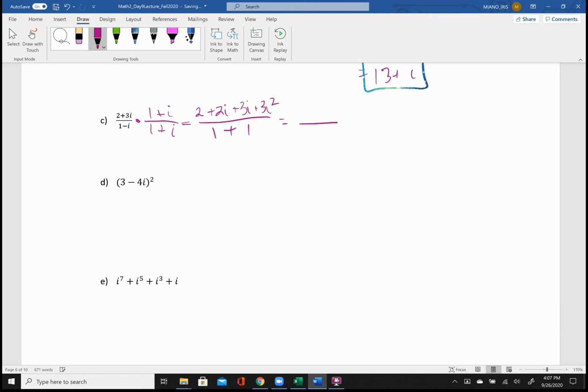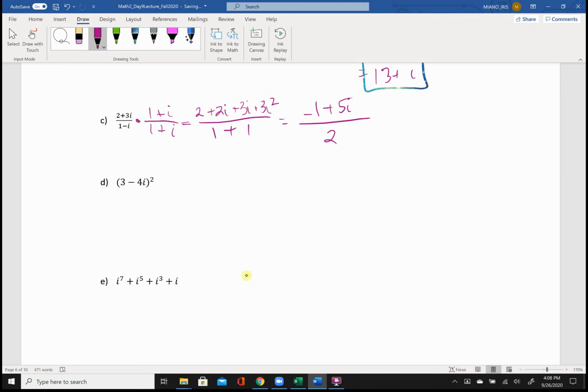So that's going to be 2 over, this is going to be a -3, right? So that's going to come into the form of a -1. And then there's 5i otherwise. Now, it's not enough just to leave it in this form, okay, because this is not a plus bi, is it? It looks like an a plus bi all over 2.